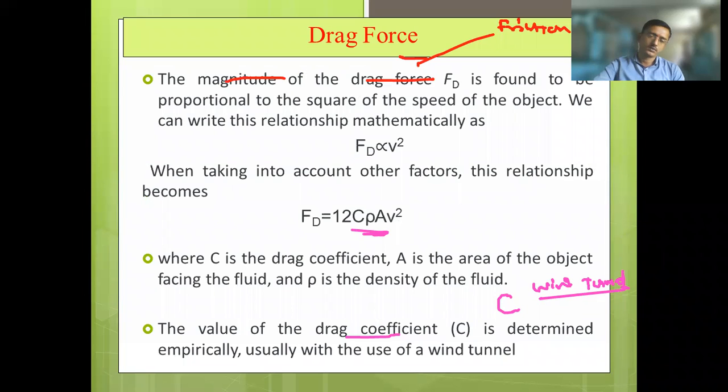Next, write down directly the equation here. Drag force is given by the equation FD is equal to 1/2 into C into rho into A into V square.